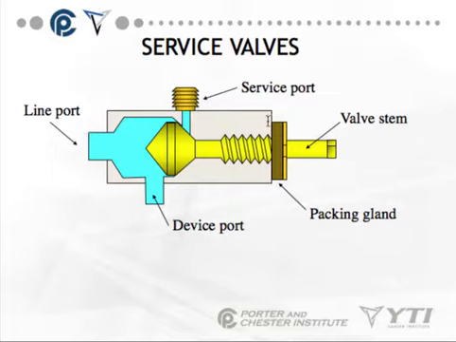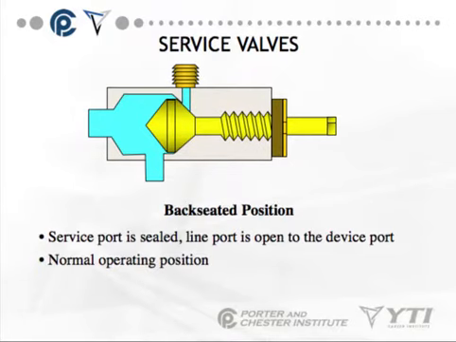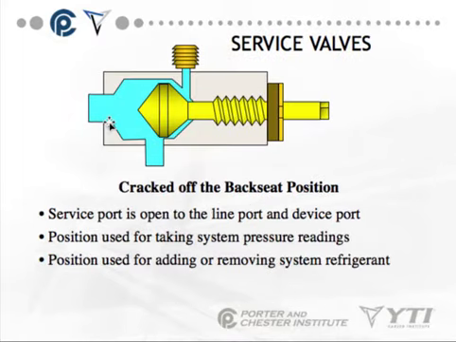You'll see that it is actually blocking the service port, so you can put your gauges on and take them off, and you won't have any refrigerant loss. That's the back-seated position. The service port is sealed, and the line port is open to the device port, because you see right here, liquid refrigerant can move through. This is your normal operating position.